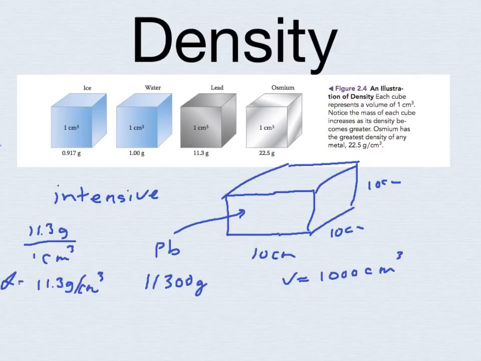If I took a larger piece of lead that had a mass of 11,300 grams and divided that by its volume of 1,000 cubic centimeters, it's still going to have a density of 11.3 grams per 1 cubic centimeter when I simplify my ratio down to lowest terms. So density is intensive. It does not matter how big it is. When you divide the mass by the volume, you will get a constant, and that constant is the same for that sample no matter what.